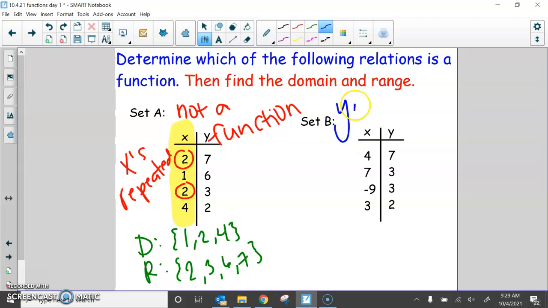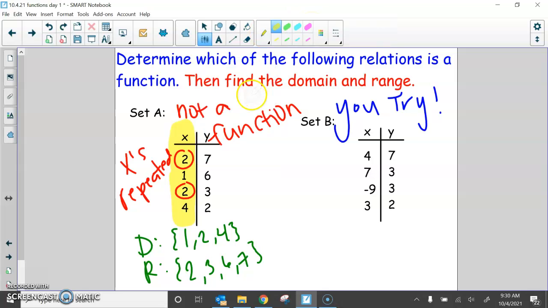Okay, I want you guys to try set B. Pause this video, figure out if it is a function or not a function, and then the domain and range. So you should have paused the video by now, and you should have figured out that by looking at the x's, right here, this one is a function.